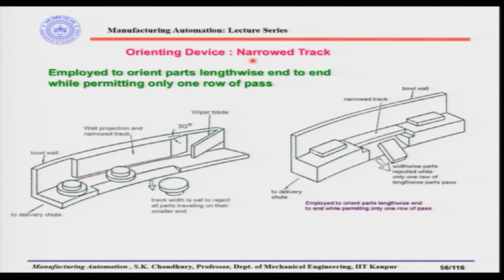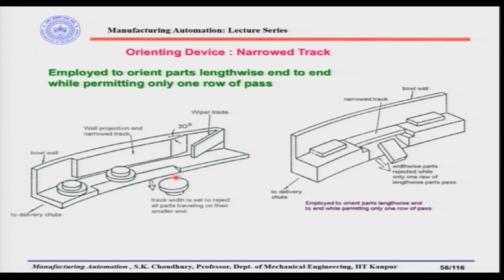So, this is the narrowed track, and the track is being narrowed by a wall projection. As you understand from this arrangement of the orienting device, because of the narrowed track, the parts are like this, they have two different diameters.